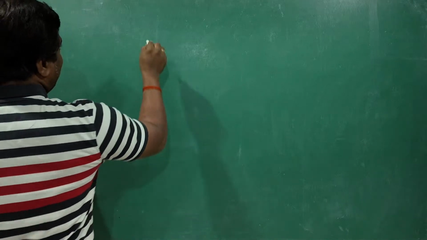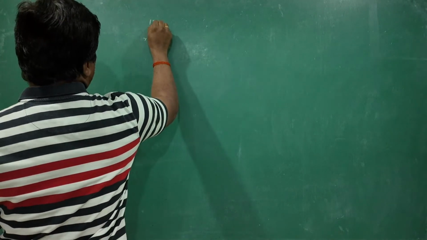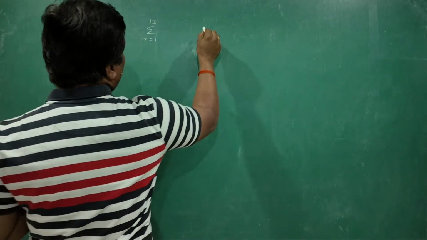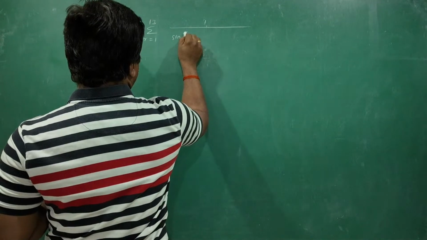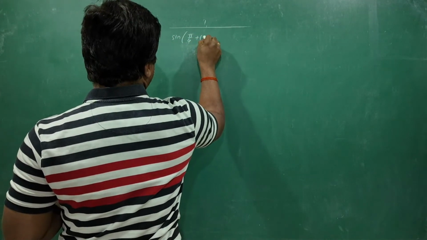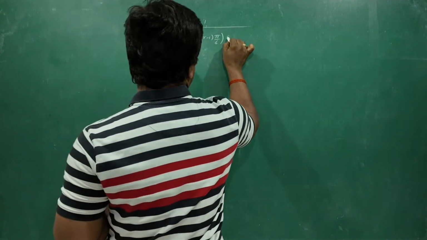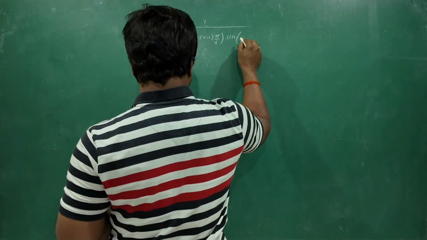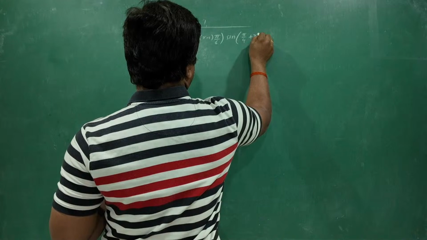The question is, evaluate summation r from 1 to 13, 1 whole divided by sine of pi by 4 plus r minus 1 of pi by 6 multiplied by sine of pi by 4 plus r pi by 6.